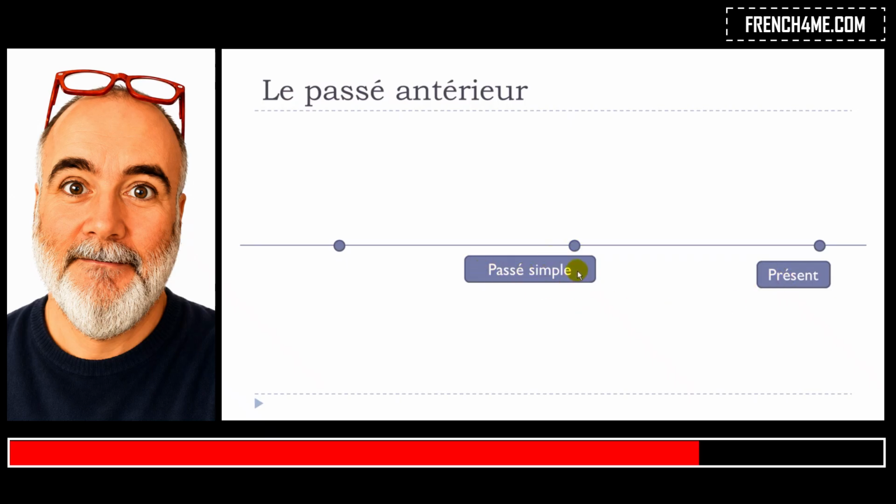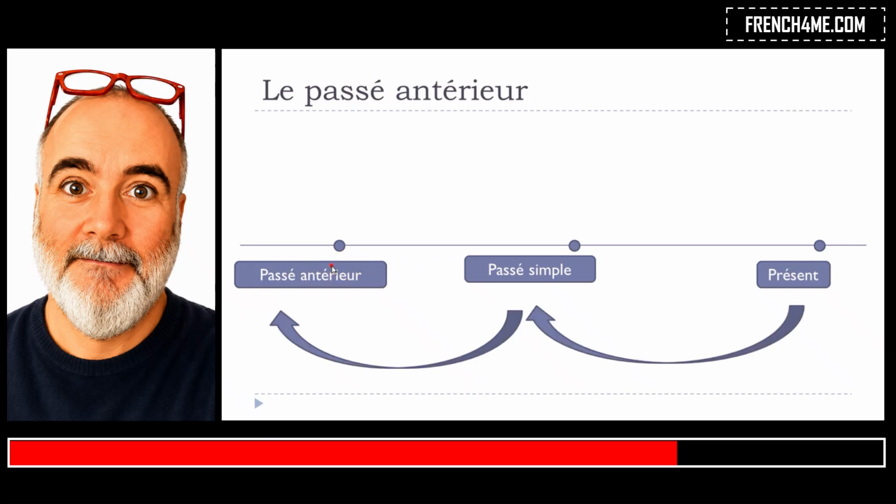So keep in mind that the rule is quite strict, because if you want to express something that previously happened, in that case you get to use le passé antérieur. Okay, so first le présent, then first thing in the past you want to use le passé simple. Keep in mind that this is le passé antérieur. That should be used if you want to express something that happened even before. Okay, so this is the past in the past. This is the concept.